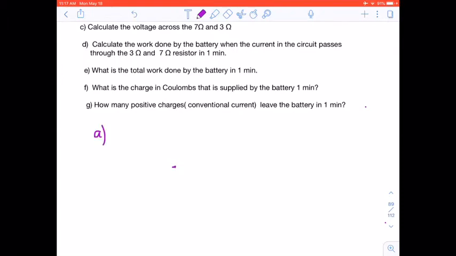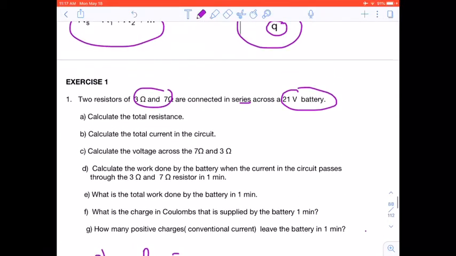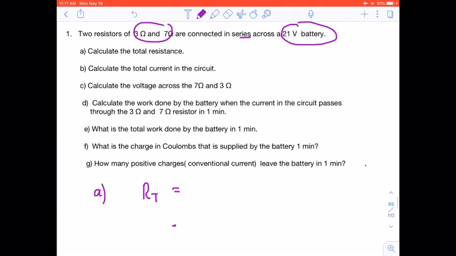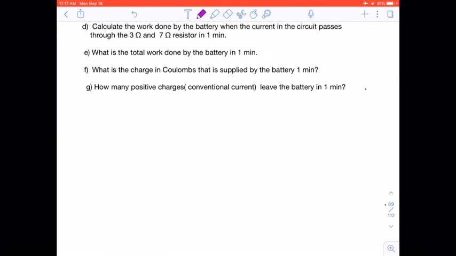Okay, if we want to calculate the total resistance, perhaps we just need to draw this diagram. I think that would be easier. So let's say we have now a voltage of 21 volts.